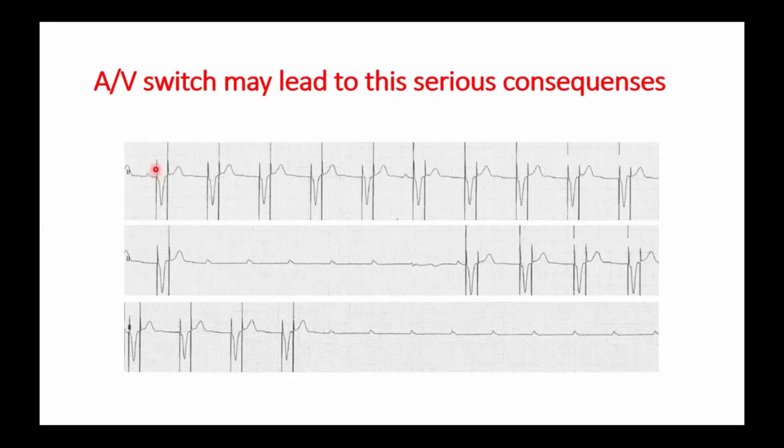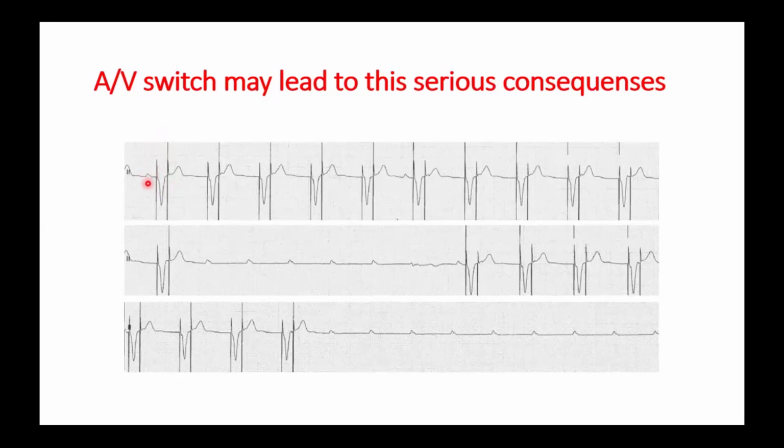This is a device that is atrial based, with V pacing, A pacing, V pacing. But A pacing, because the atrial lead is in the ventricular port, is delivering the impulse into the ventricle. The ventricular port is in the atrial.